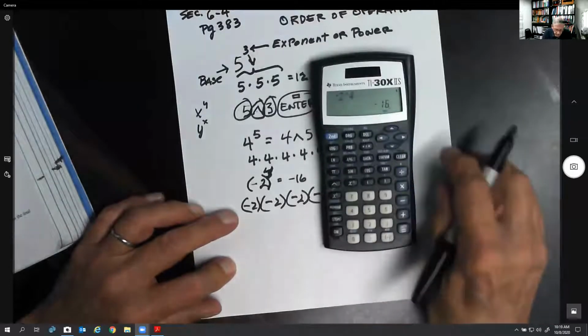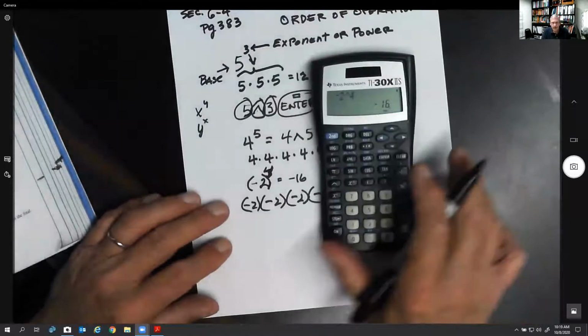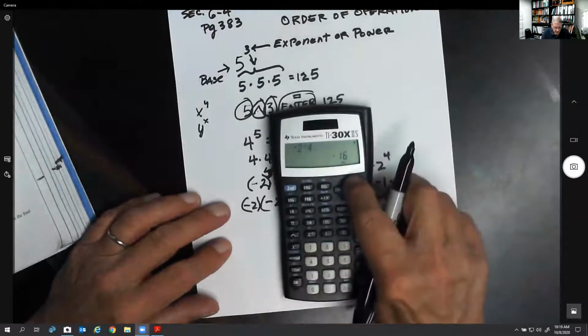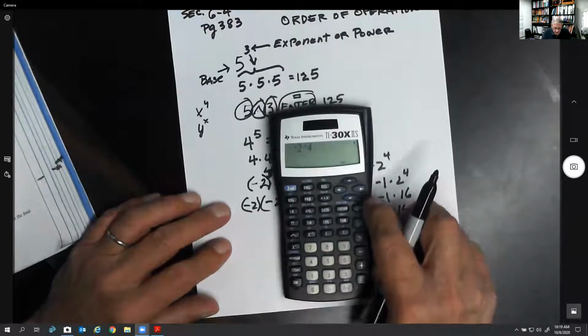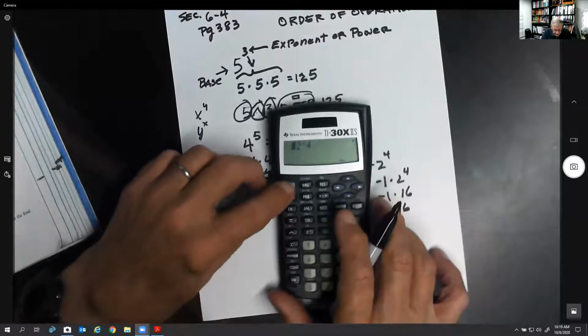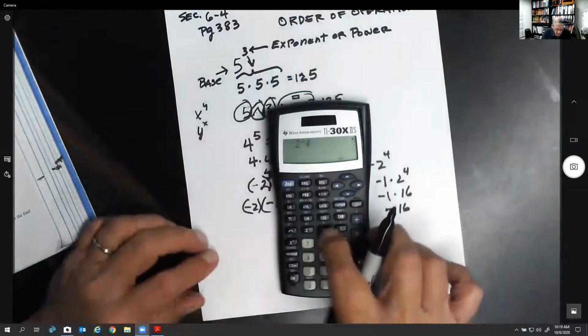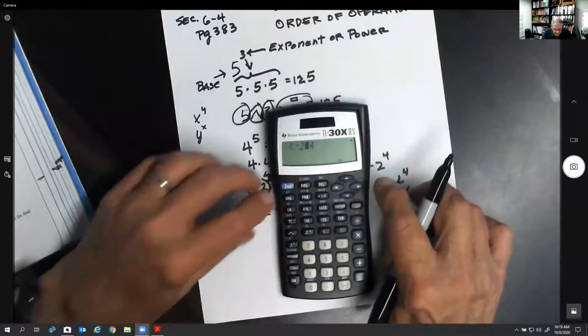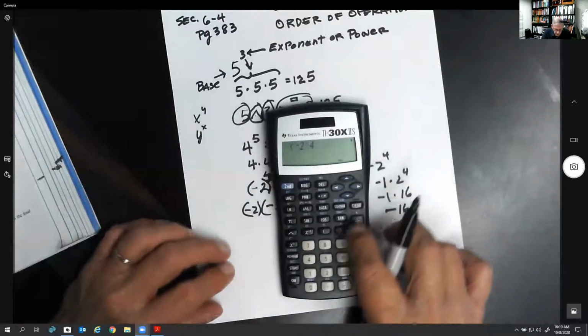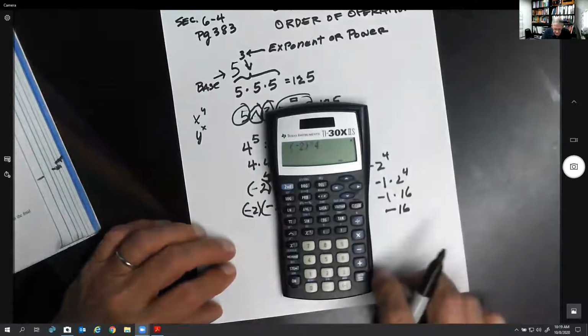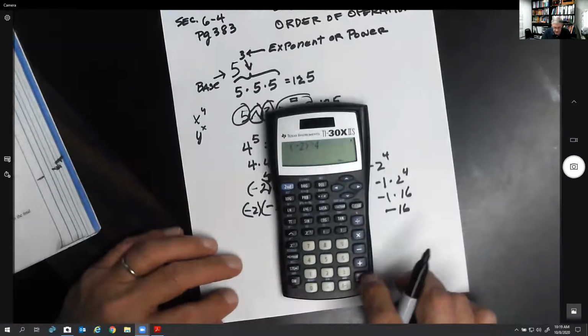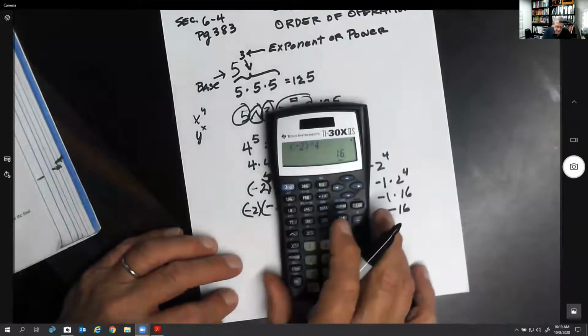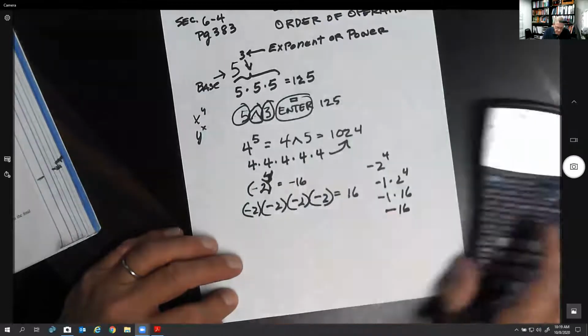Now let's try putting this in parentheses. One thing you can do on this calculator is go up and hit second and insert a parenthesis. Then you can go to the end of this and hit second, insert the other parenthesis. Or you could just retype it. See how that came out a positive 16 now?